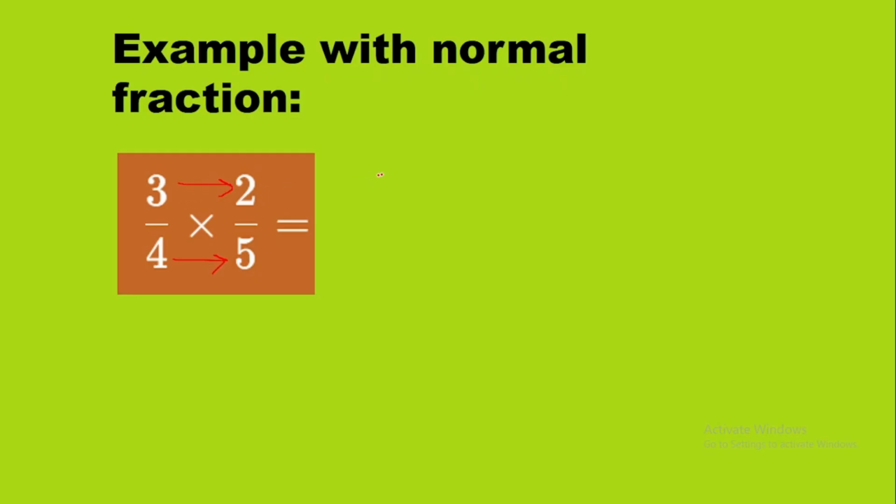So 3 times 2 will be equal to 6 over 4 times 5. 4 times 5 will be equal to 20. So we'll have 6 over 20. And if we wanted to, we could simplify this fraction.